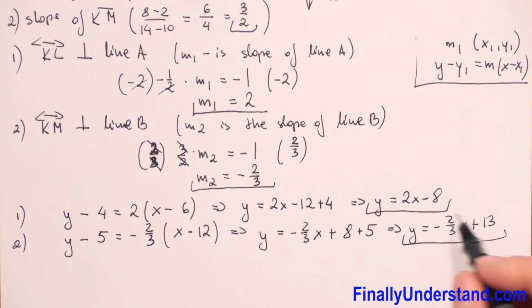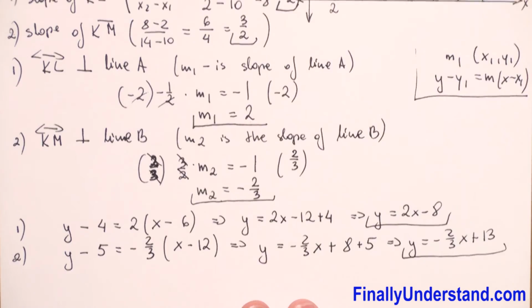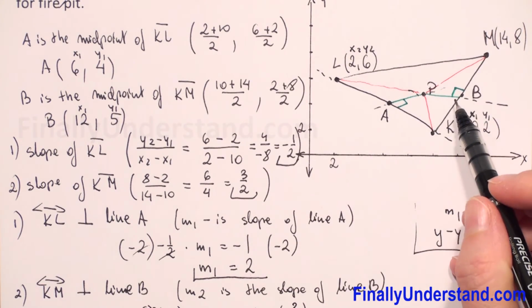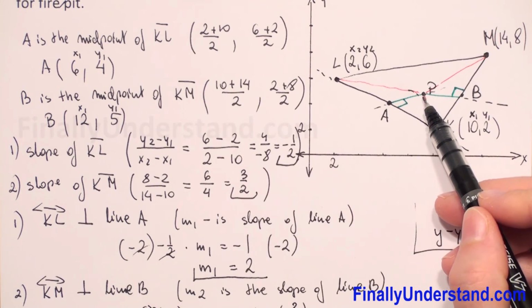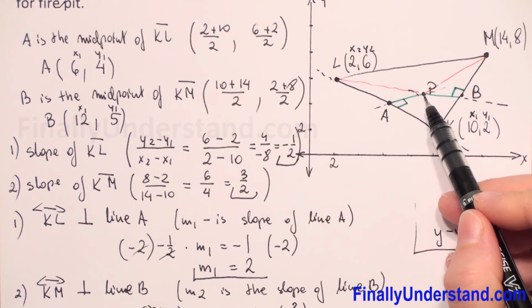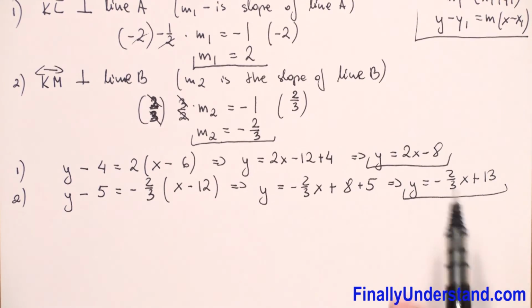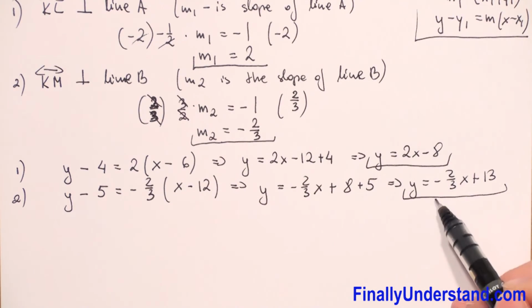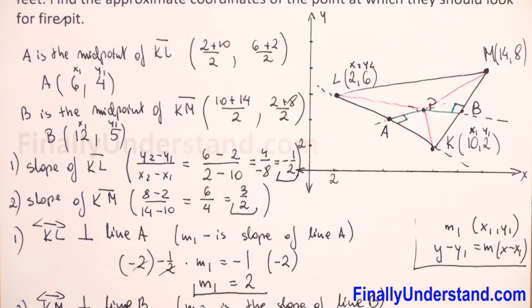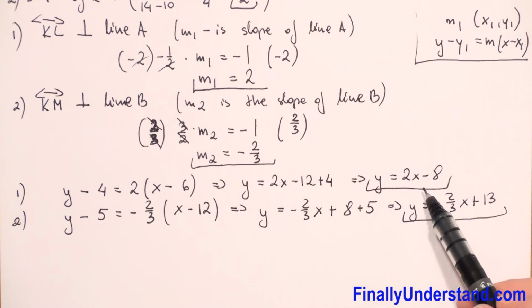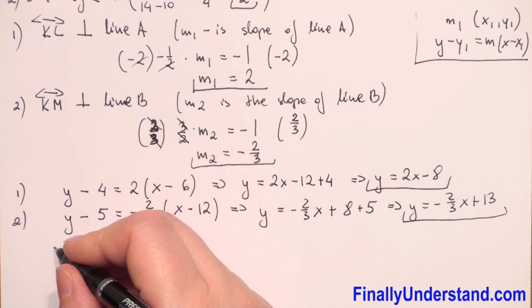We got 2 lines, and because these 2 lines cross each other, if we solve these 2 equations, we will find the coordinates of our point P. We will find coordinates x and y. So let me copy these 2 equations.